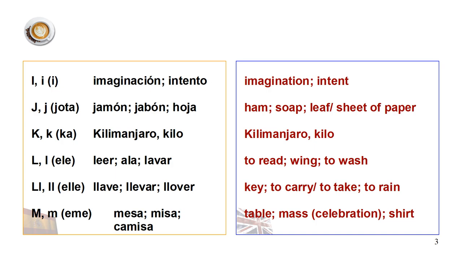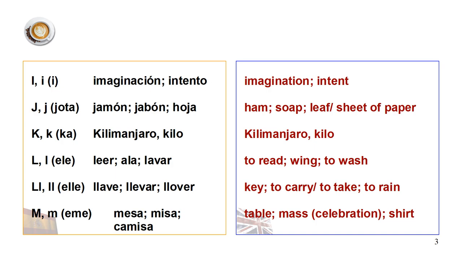Ka. This letter is pronounced identically to C plus A, O, U. Remember? Casa, cuando, cosa. Okay, let's have a look at this example we have here.